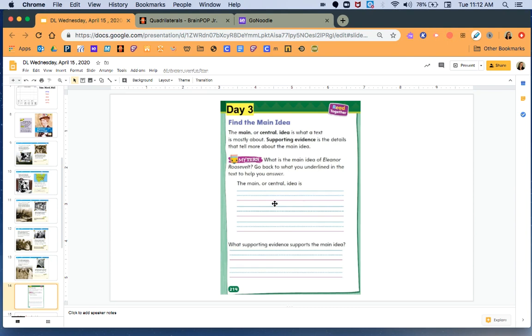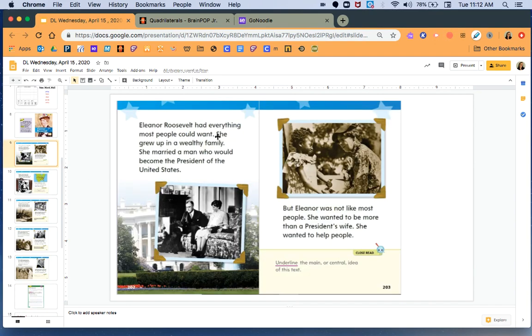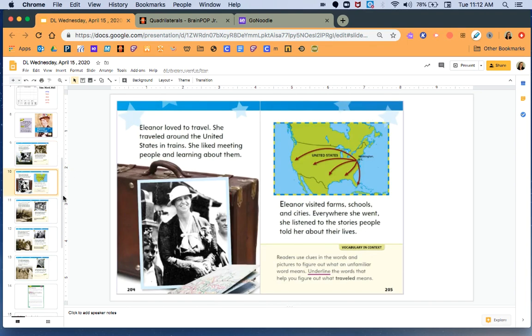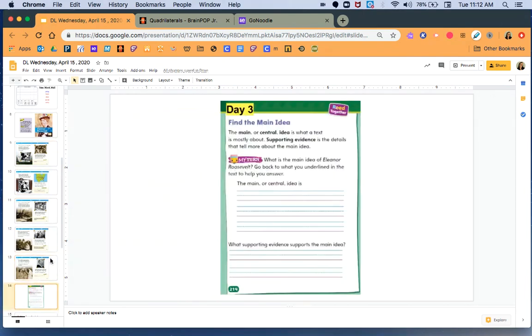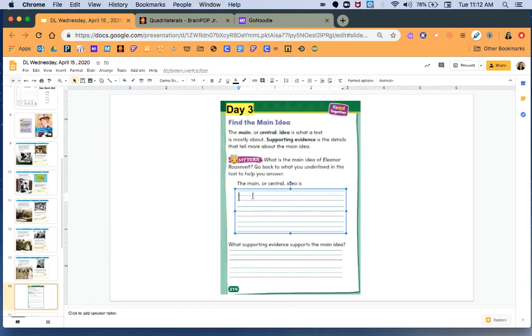So what was the main idea of Eleanor Roosevelt? Go back to what you underlined in the text to help you. So let's go back. In the first one, we said that Eleanor wanted to help people was the main idea of the text. If I go page after page after page, it used that word help over again. So the main idea of the text, and we are going to have to rephrase our sentence. Remember, first graders can't just put one or two words.